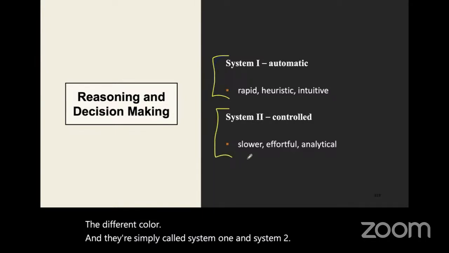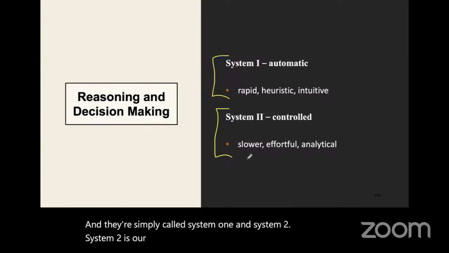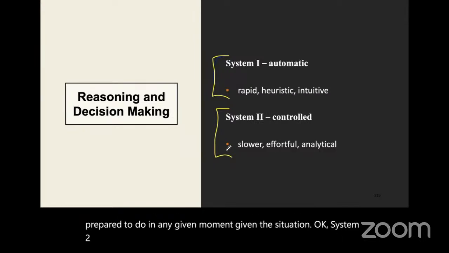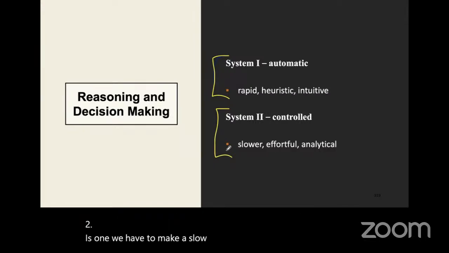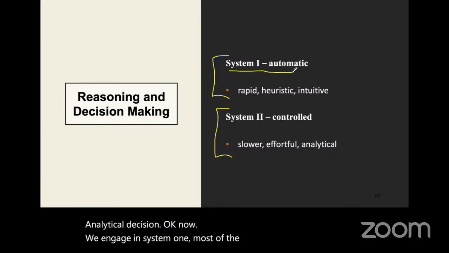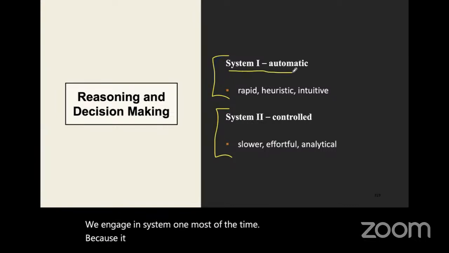System 2 is our rapid response system. It's actually what we're prepared to do in any given moment, given the situation. System 2 is when we have to make a slow, effortful, analytical decision, okay? Now, we engage in system 1 most of the time because it doesn't require a lot of energy.